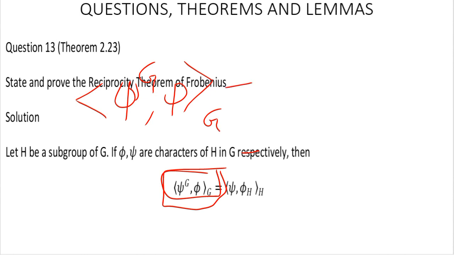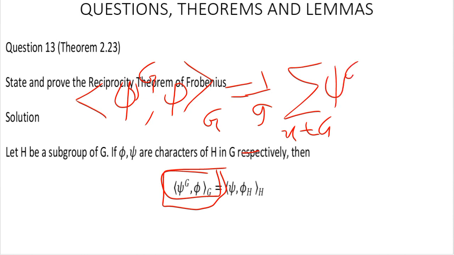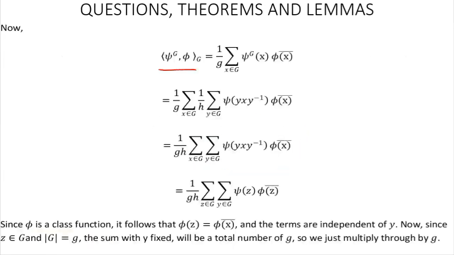So we would expect something like 1 over G, right? Sum is over G, right? So we have X in G, and then we have psi G of X, and since we're using the conjugation, we have phi of X bar, right? So let's move forward and see what we have there.